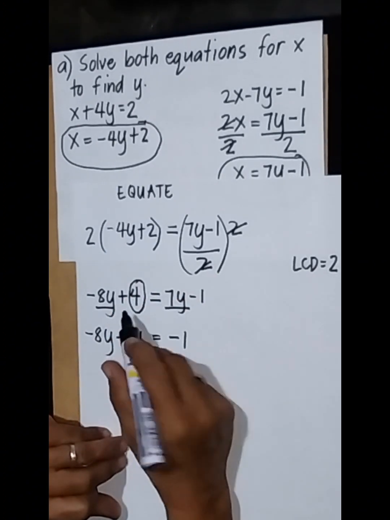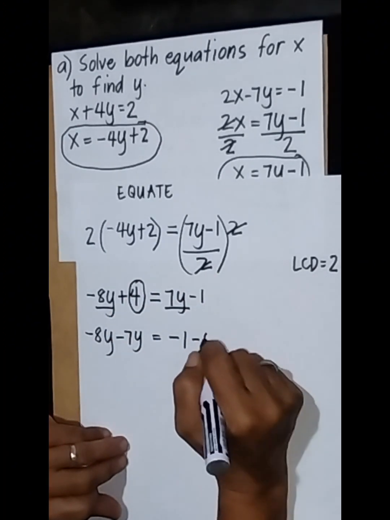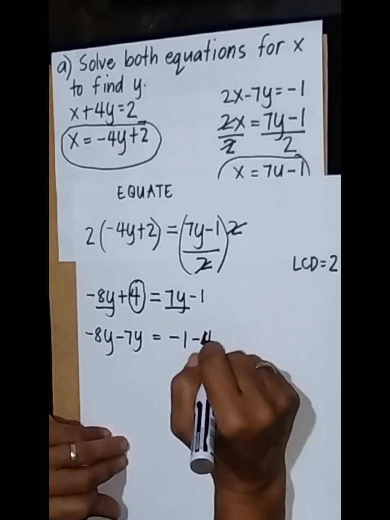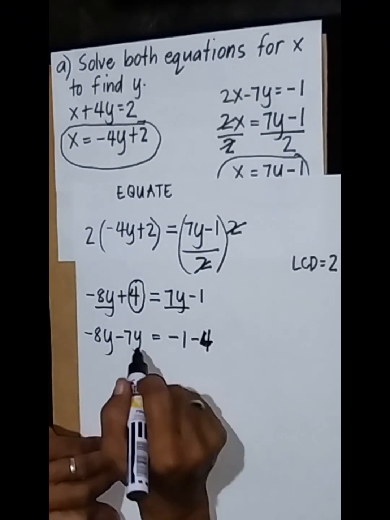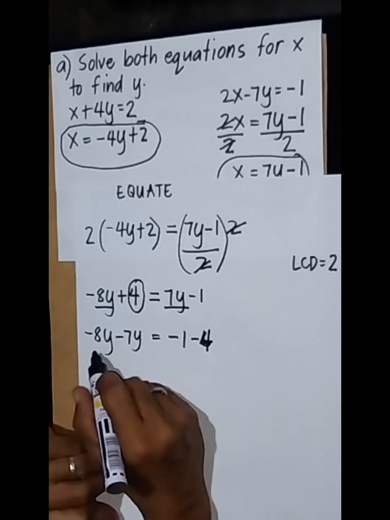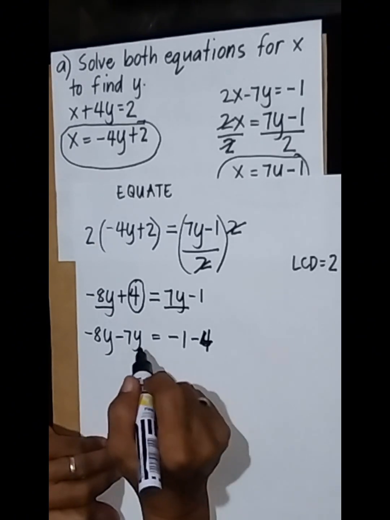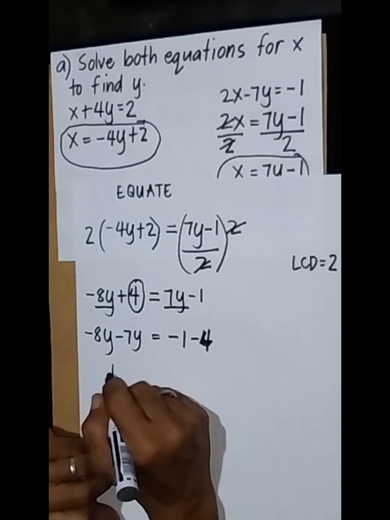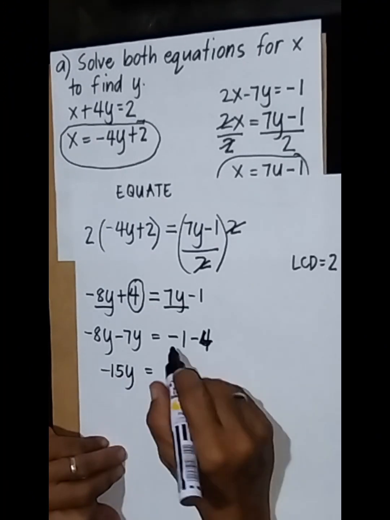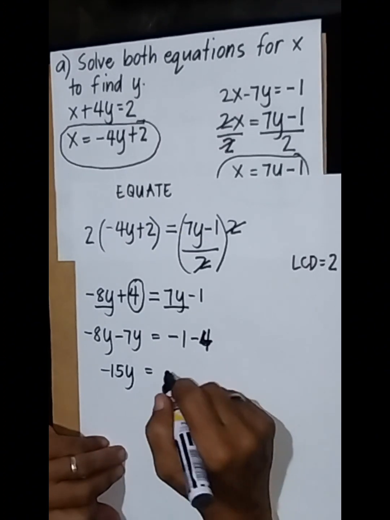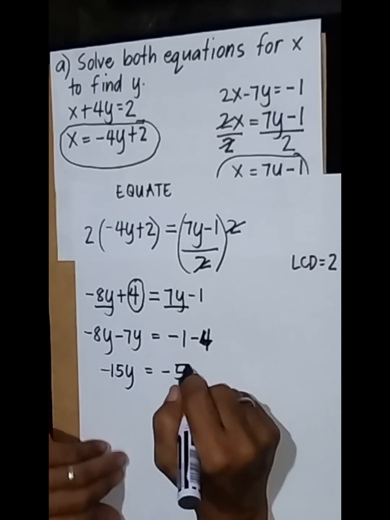Positive po siya dito, so magiging negative na po siya. Negative 4. So now we have to add. Negative 8y plus negative 7y is negative 15y equals negative 1 plus negative 4 is negative 5.